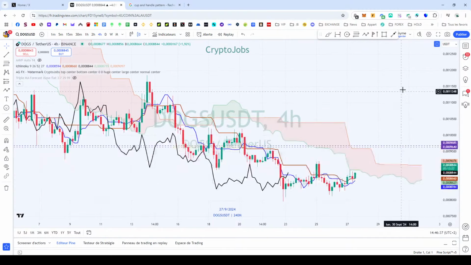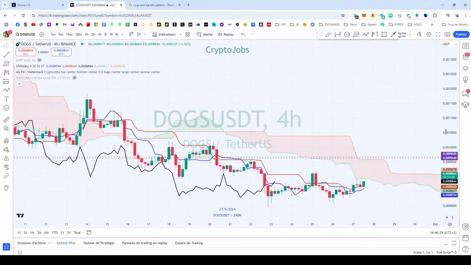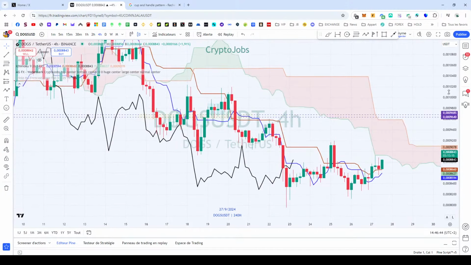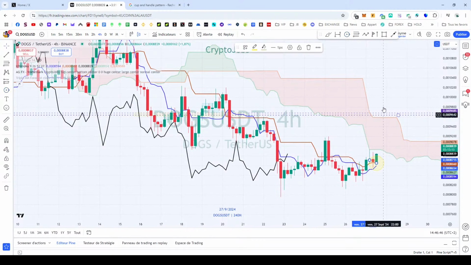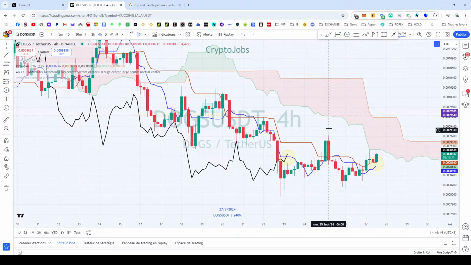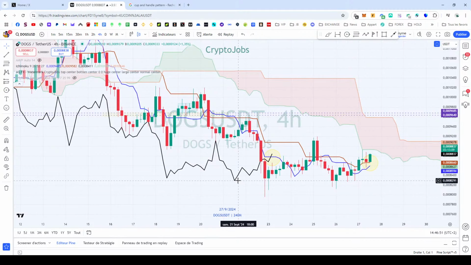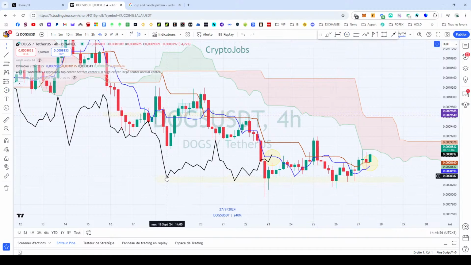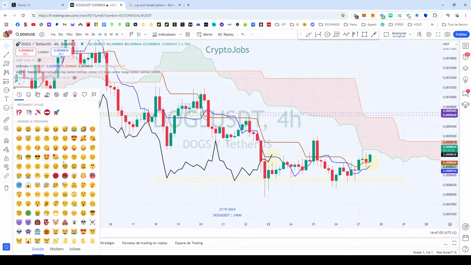If you look at the H4 view right now, you have a possible bullish breakout incoming, and the price keeps consolidating. That's a good point. We have a double bottom right there, confirmed by the lagging span here and here. I'll show you level by level to not make any mistakes, and how I process.